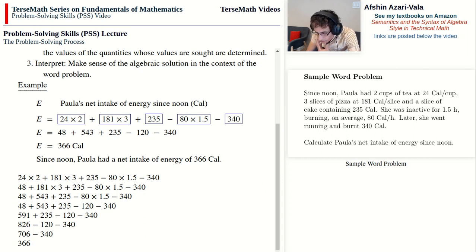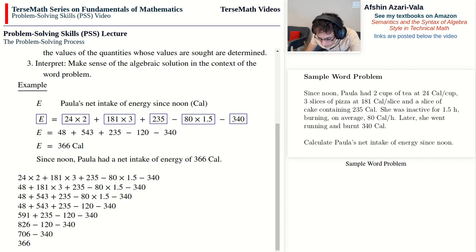Okay, so those are the terms. Now, as I said before as well, every term refers to the value of a certain quantity. I would like to also put a box around E so that we know that terms are on both sides of the equation.